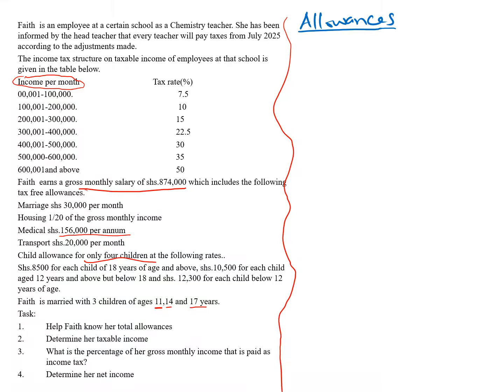Number 1, I have marriage. And for marriage, here we can say monthly allowances. But you should draw in a table format such that your work looks nice. Finding allowances.